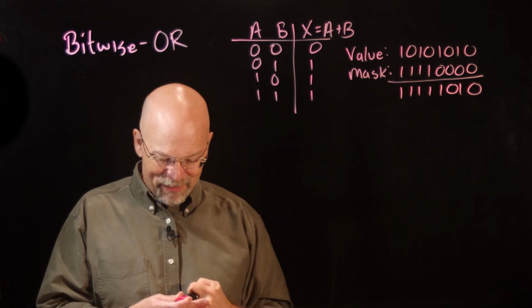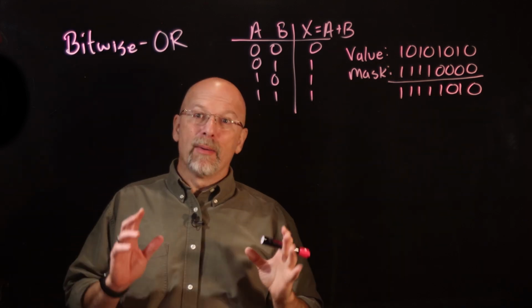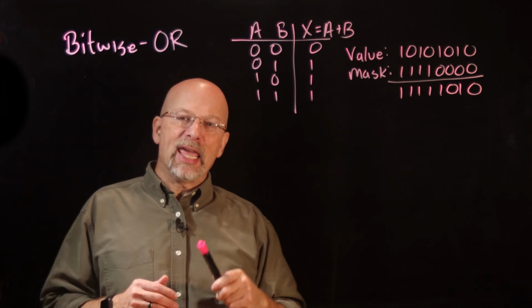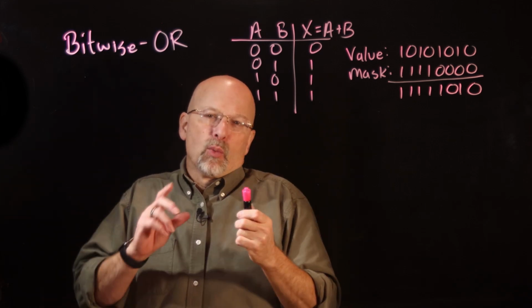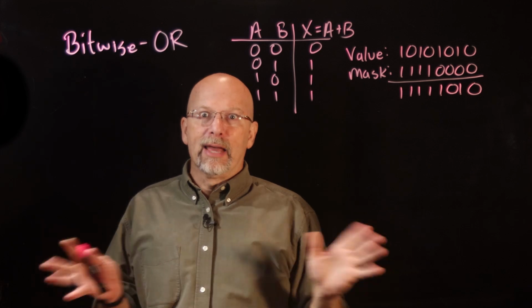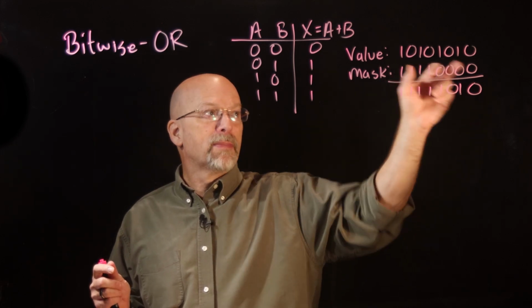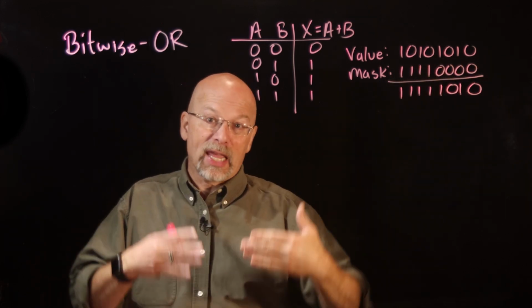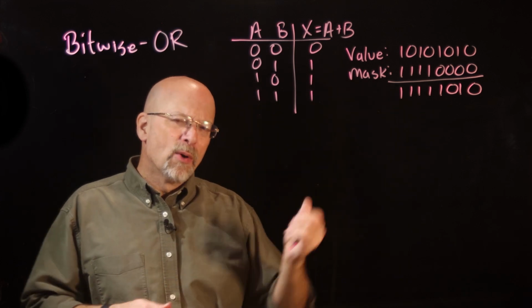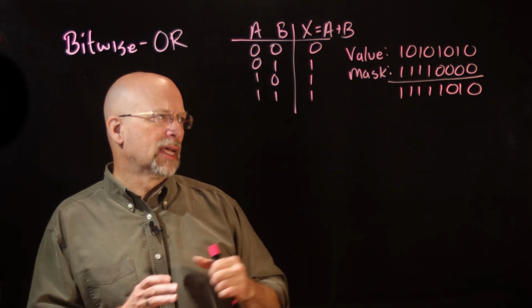Now, if you recall from our discussion about the Bitwise-AND, wherever the mask was a 1, it left the bits alone. Wherever the mask was a 0, the Bitwise-AND cleared those bits. We have a very different operation going on here.